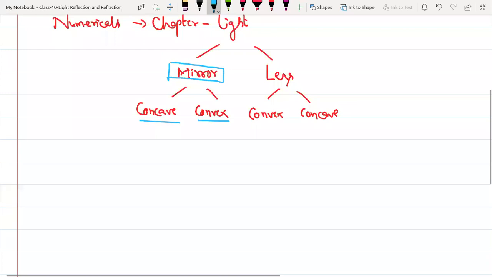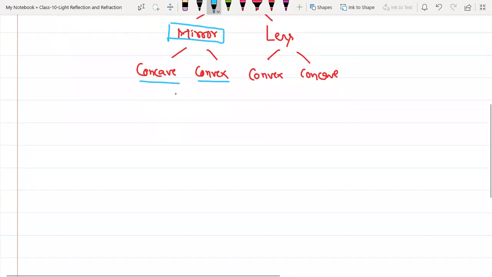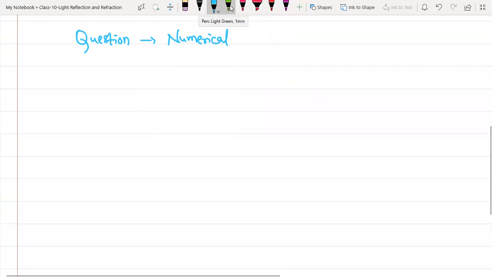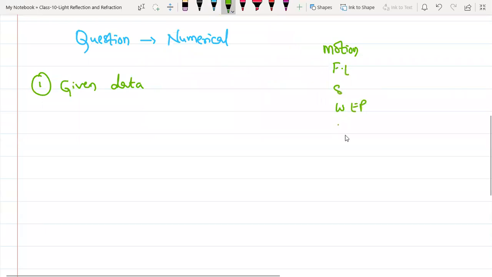But whenever in your examination, if any question is given that is related to numerical, what is the process you are going to do? So first, you are going to write given data, isn't it? Given data. You can see in your 9th class, you have learnt about the motion chapter, force and laws of motion chapter, in sound, in work, energy, power, in 10th class, electricity.